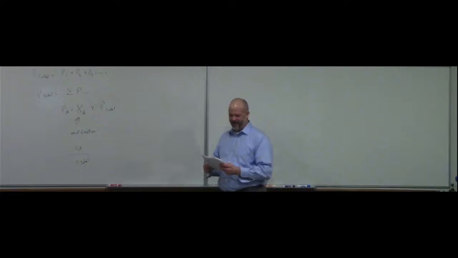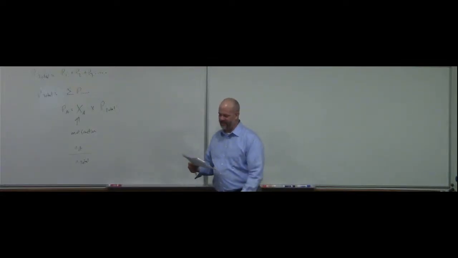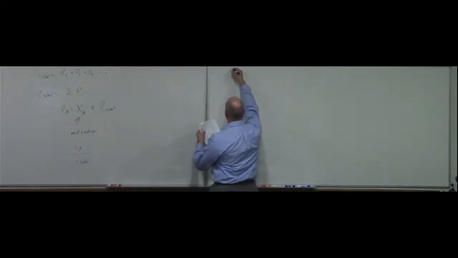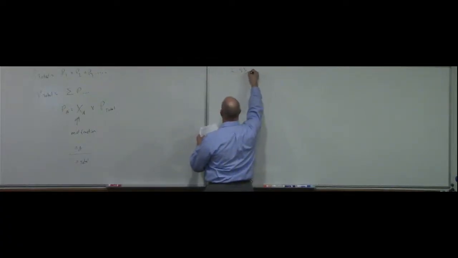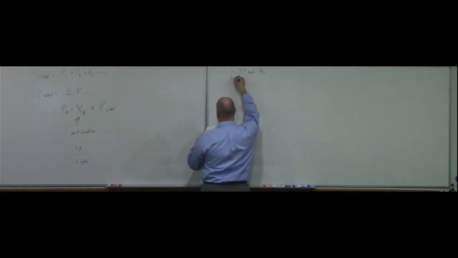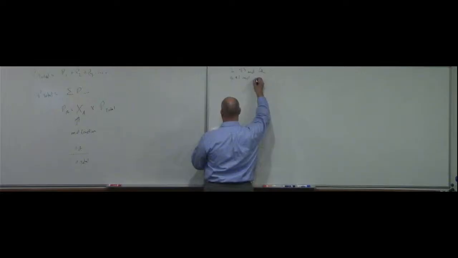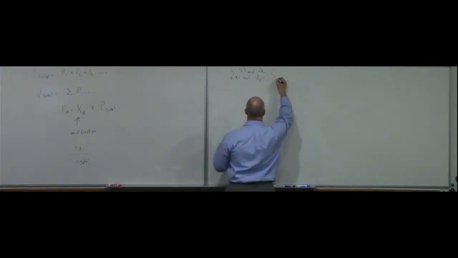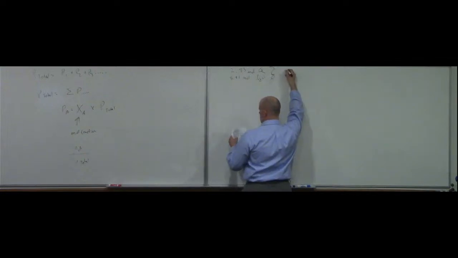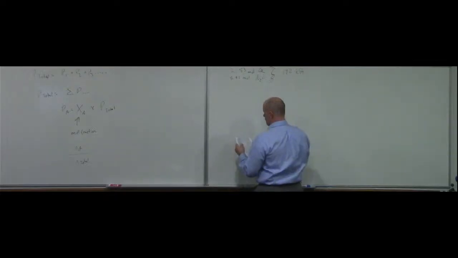All right, here we go. A gas mixture used for anesthesia contains 2.83 moles of O2, 8.41 moles of nitrous oxide. The total pressure is 192 kilopascals, okay?